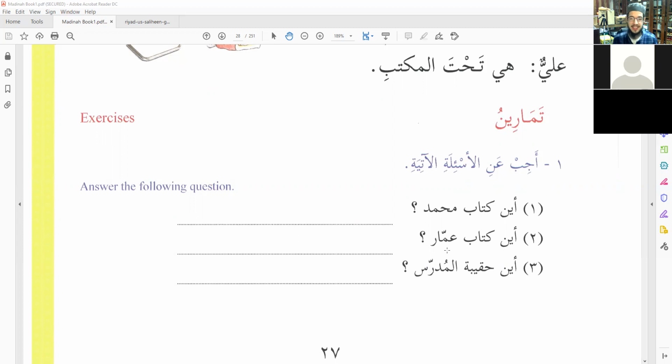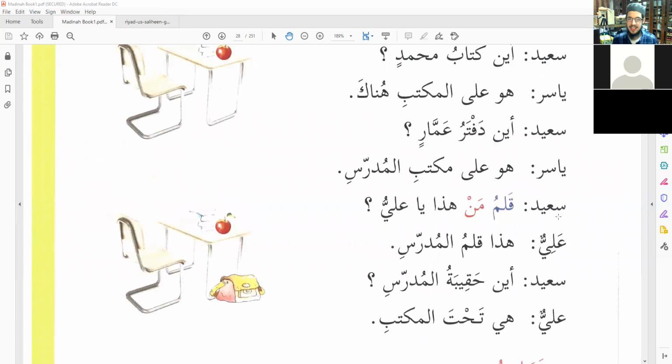Yes. And then it is on top of the principal's desk, table.